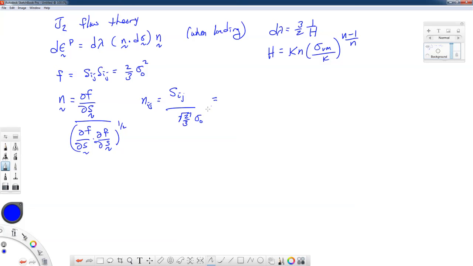We have isotropic hardening, and this is the von Mises stress goes on the bottom. And for any given increment of stress, then we can compute not only the unit normal, but we can also compute n dot d sigma, and we can compute this d lambda so we can find our plastic strains.